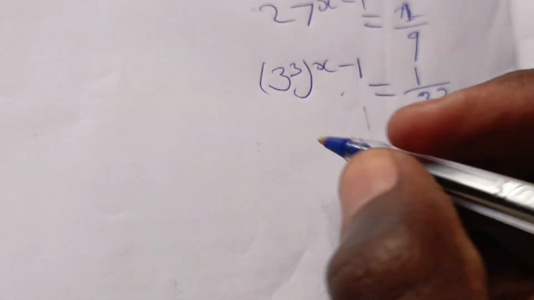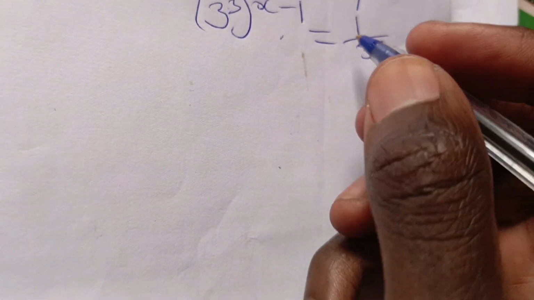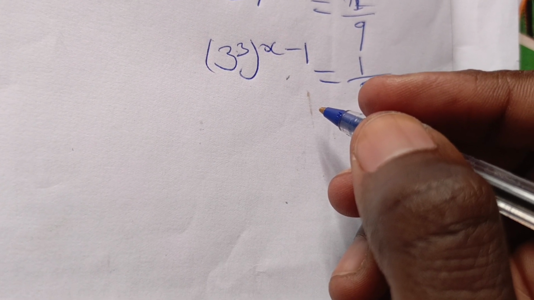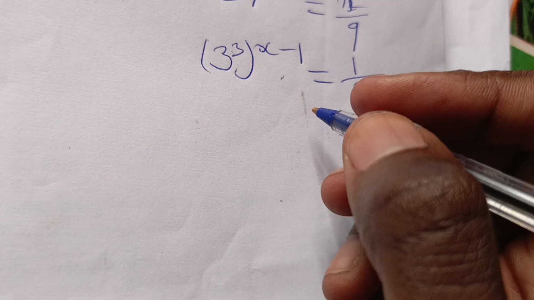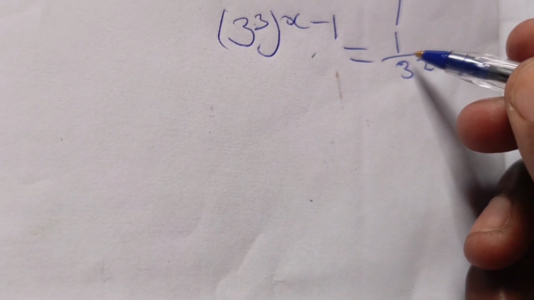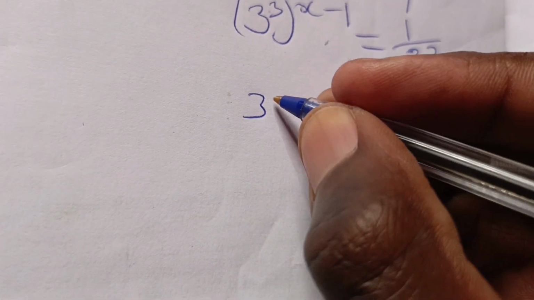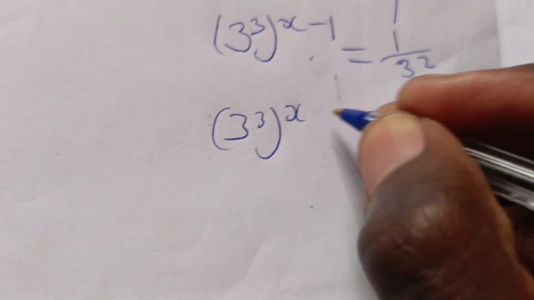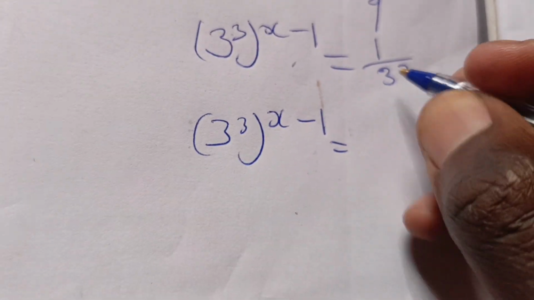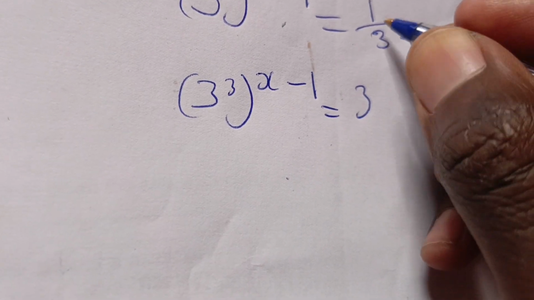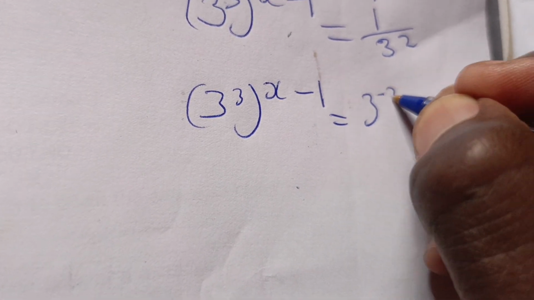Since the bases now are the same, for us to get rid of this 1 on top, it's going to be 3 to the power 3x minus 1 equals 3 to the power negative 2.